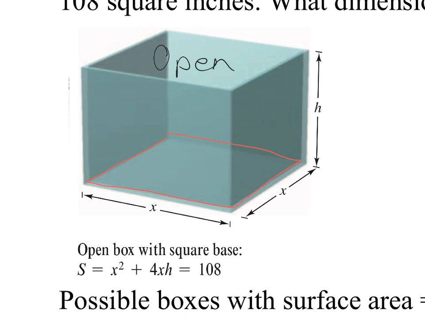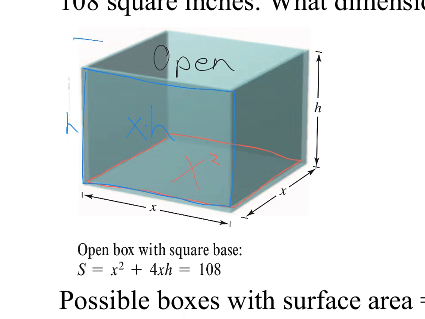So that's your x squared. Then we have the sides. Because this is a square base, all four sides are going to be exactly the same, and each side is x by h. So this side is x times h.